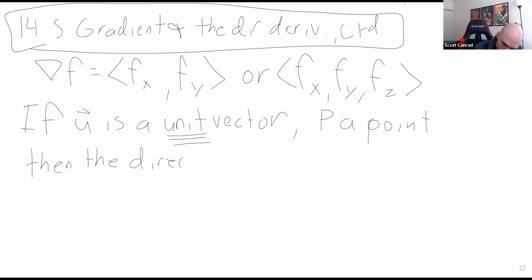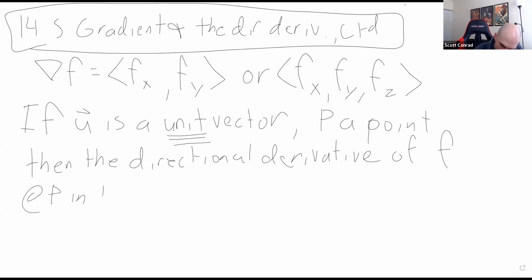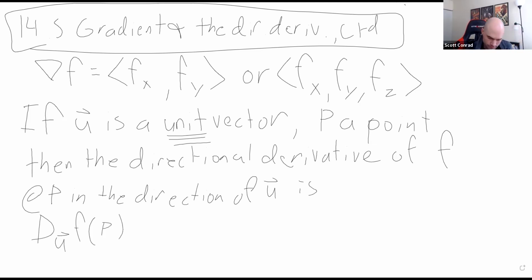So then the directional derivative of a function f at the point p in the direction of the unit vector u, it's capital D sub u of f at the point p.